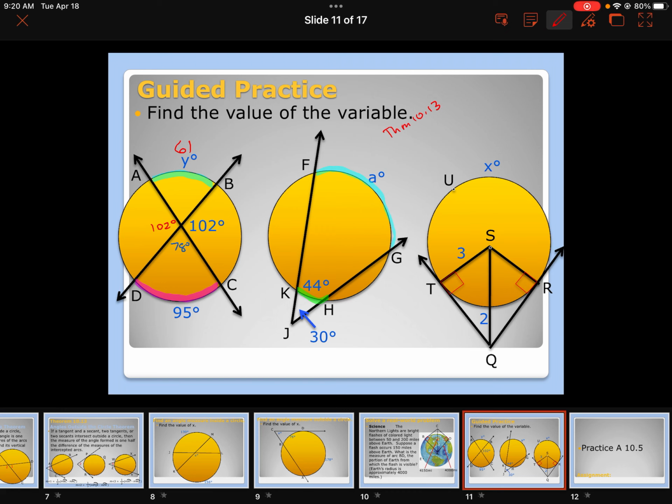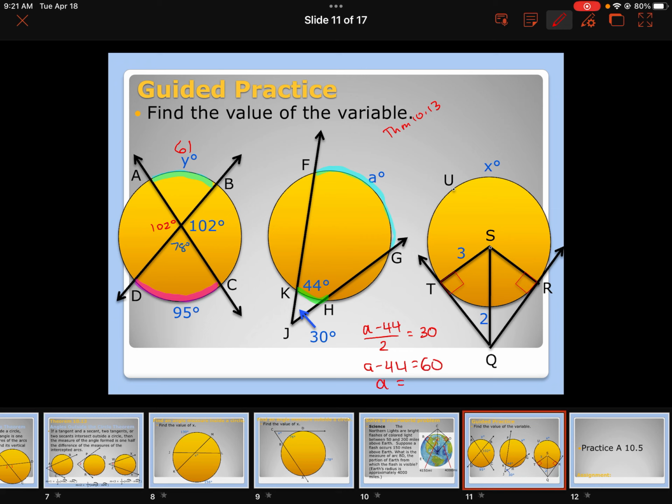Okay, so we'll say that again and we'll write this down as we go. You need to take the big arc and subtract the little arc. And half of that would equal your angle, which is 30. Now you want to get that big arc, the blue one, A, by itself. So you're going to multiply by 2.